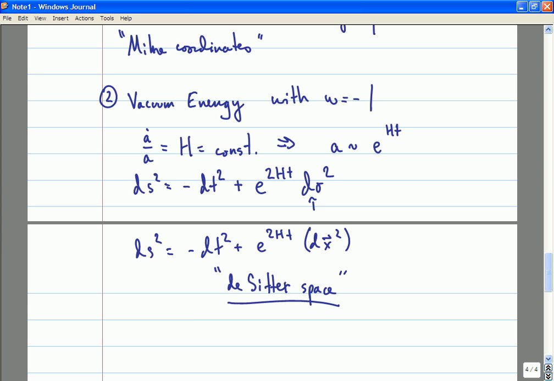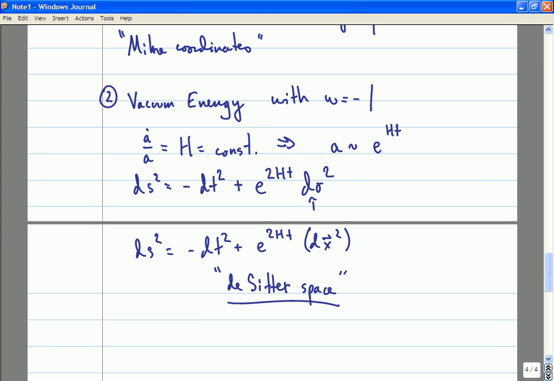So you can see that if you have a cosmological constant dominating the evolution of the universe, then the expansion of the universe with respect to time is exponential rather than polynomial. And because of that, the qualitative dynamics of the universe governed by a cosmological constant or by vacuum energy is qualitatively different than if it's governed by some other sort of energy.